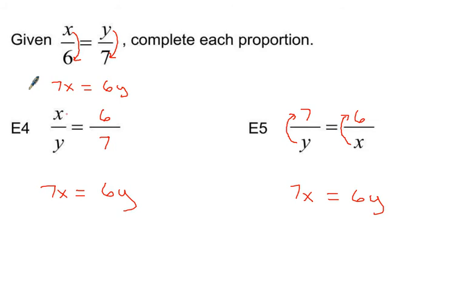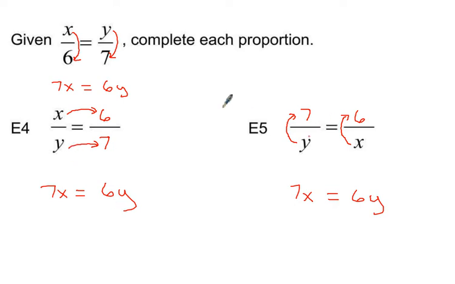So that x needs to be connected to the 6, the y needs to be connected to the 7. And you can check if you've got it right because you can cross multiply it and see if you get the same setup. Same two cross products. 7 times x ends up over here, y times 6 ends up over here at 6y.